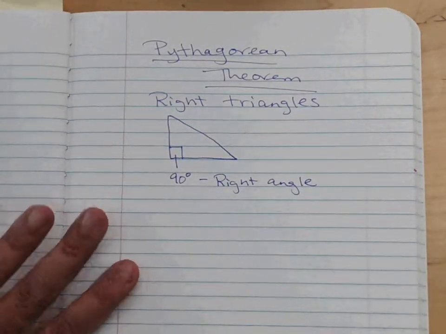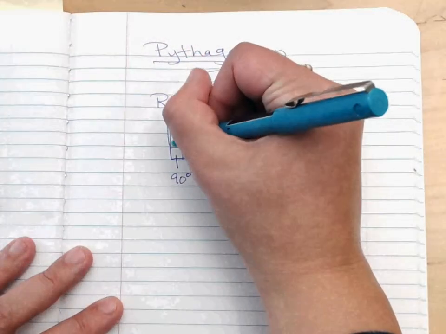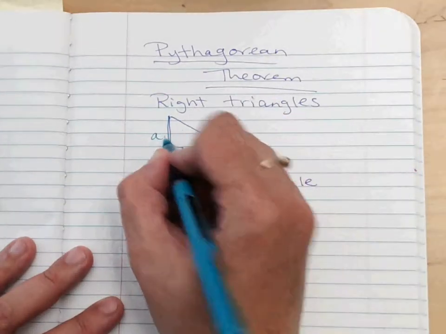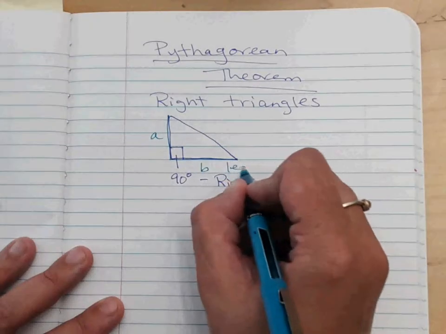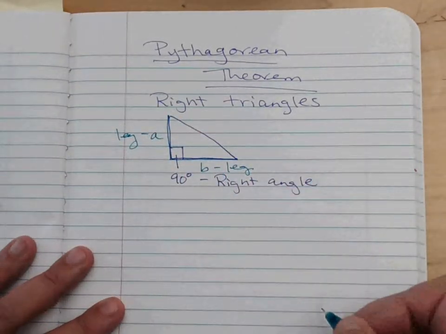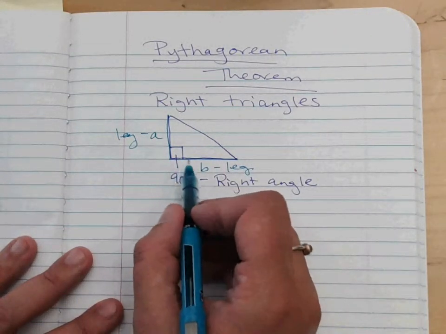Now, on the right triangle, you have two sides that are next to the 90-degree angle. They're called A and B, and they're called legs. So the legs, leg A and leg B, are adjacent or next to the right angle.